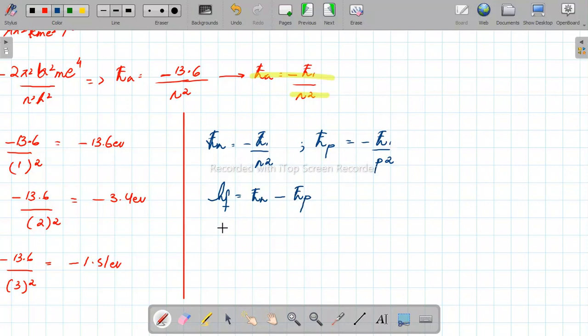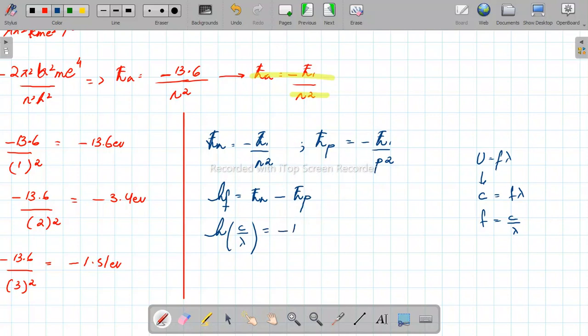Because we are to derive this expression in terms of wavelength, let's first convert this frequency into wavelength. We have seen that we can replace frequency with c over lambda, following v equals f lambda. In this case the speed is the speed of light, because radiation travels with this speed. So f equals c over lambda, and we've replaced the frequency here. We will replace these energies here.